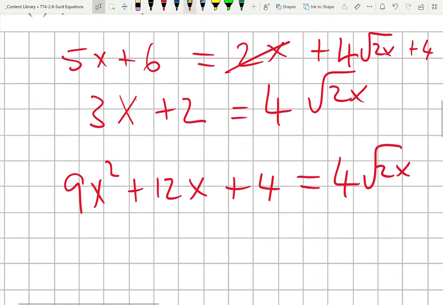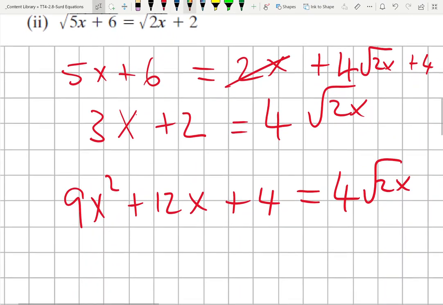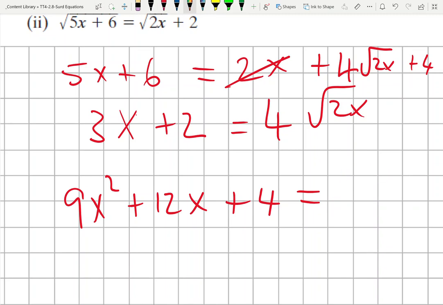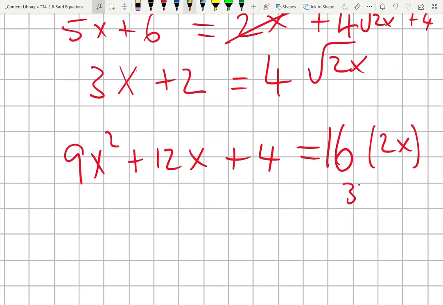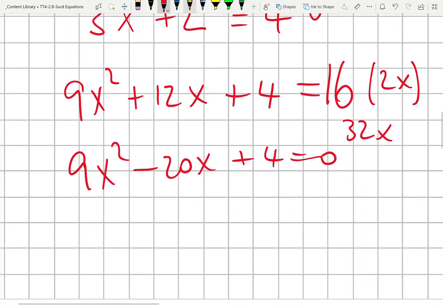Oh, I should have squared there. Yeah, so now multiplicity, or looking at divisibility, this is not divisible by 3.